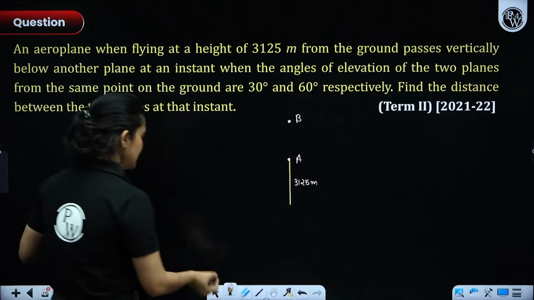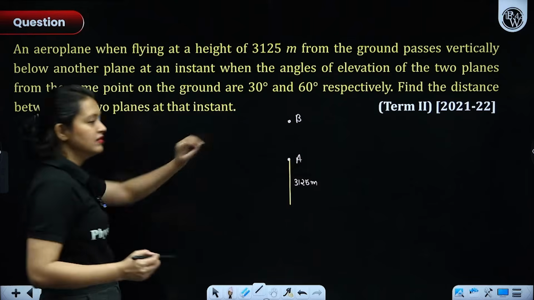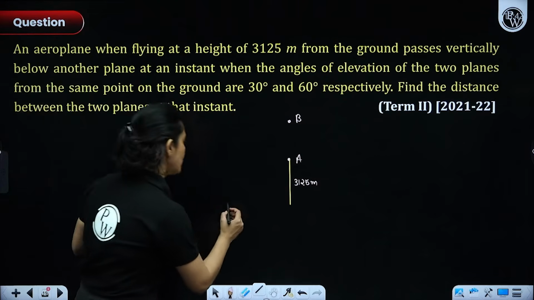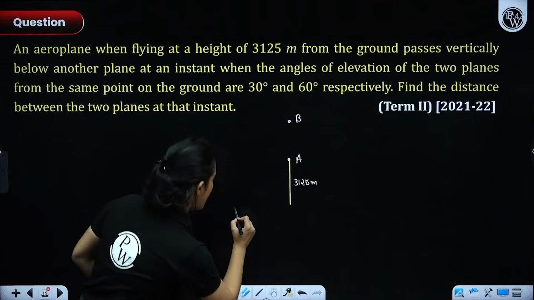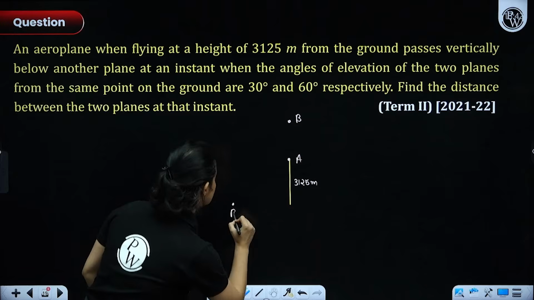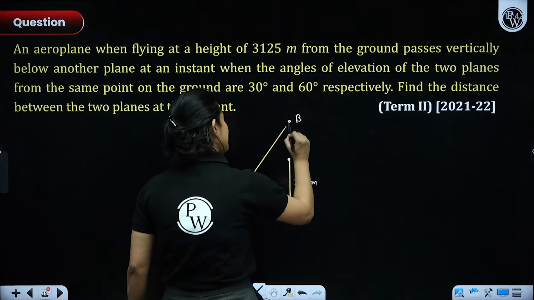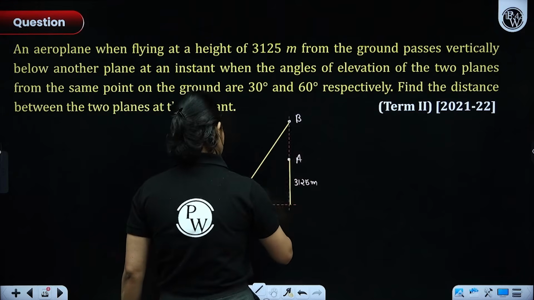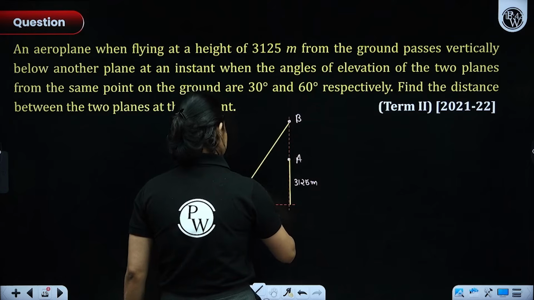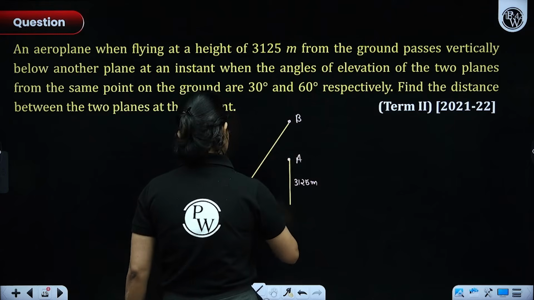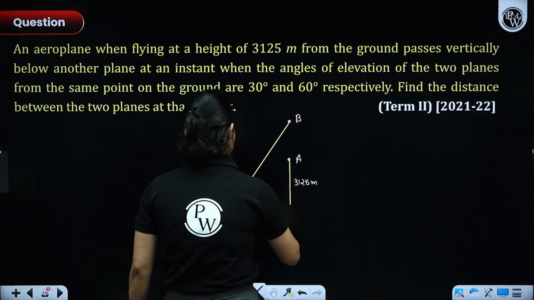Now they are saying that both of these planes are being observed from any point P on the ground, and it is found that the angle of elevation is 30 and 60 degrees. Okay? So now which angle would be 30 and which angle would be 60? Yes. Do you remember?